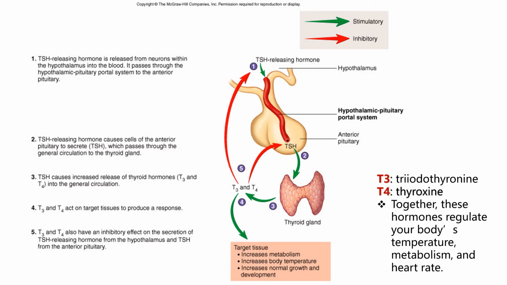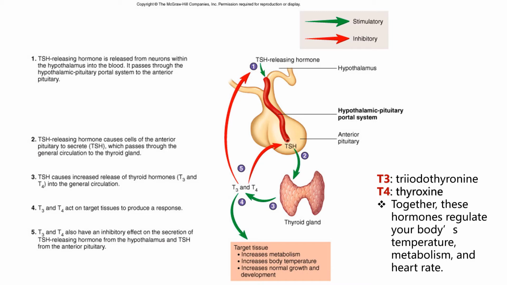So this image here shows you how your thyroid stimulating hormones are being released, okay, from your anterior pituitary gland. So ano ba ang nag-stimulate sa ating anterior pituitary? So we have what you call your thyroid stimulating hormone releasing hormone from your hypothalamus.